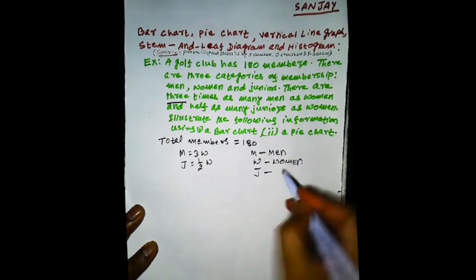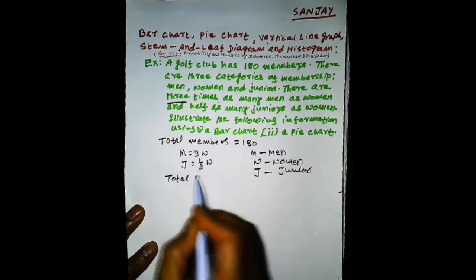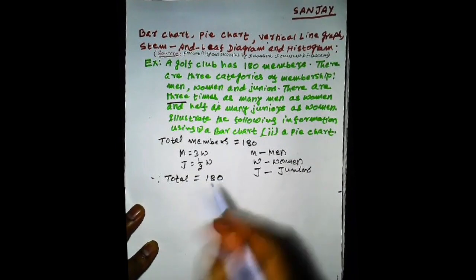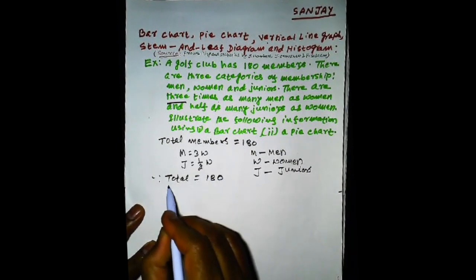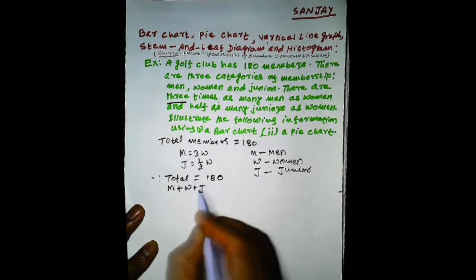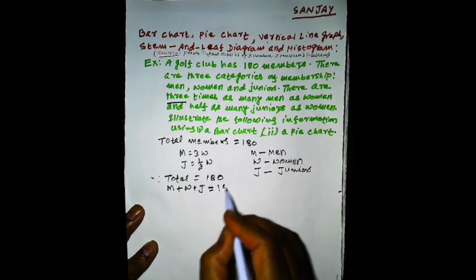J stands for juniors. Now as total is 180 members, that means total is constituted by men plus women plus junior, and that is equal to 180.